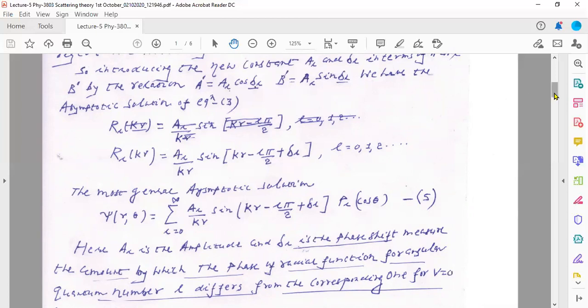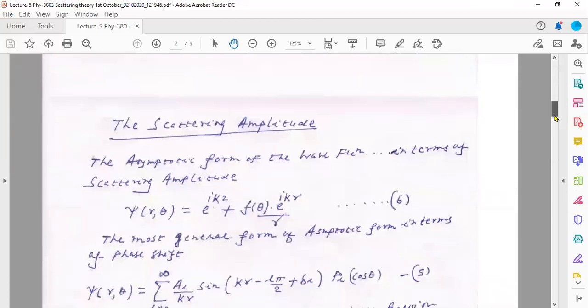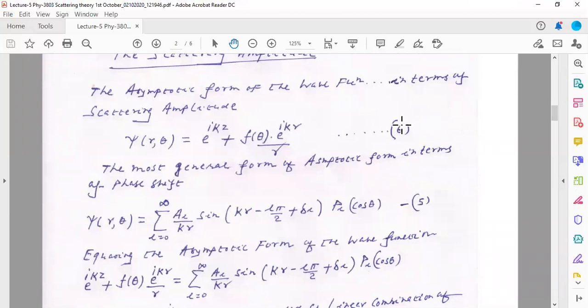So I have these two expressions, expression number 6 and expression number 5, and you see the left hand side is psi of r theta, here also psi of r theta. So I can compare these two equations. Let us compare the right hand side of equation number 6 with the right hand side of equation number 5, because both are the asymptotic solution.